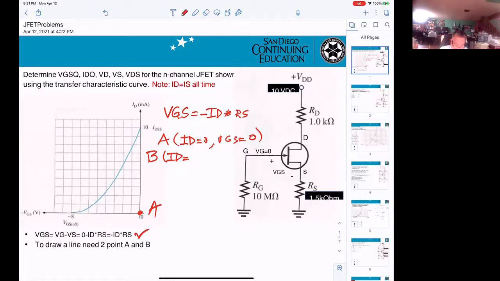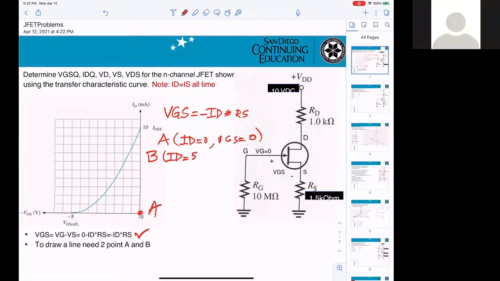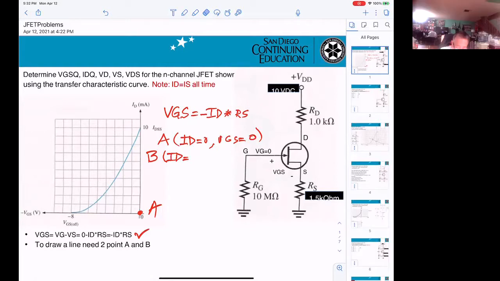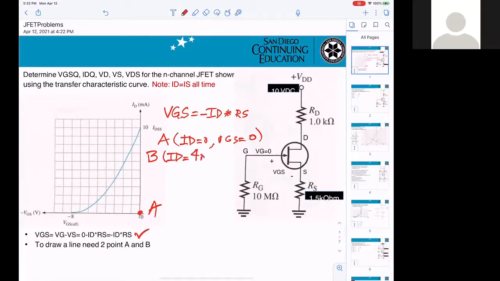Okay, so if I pick 5 milliamp, or 4 is better. Let's say I set it to 4 milliamp, pick 4 milliamps. It's easy to draw, so that's why I picked that one.